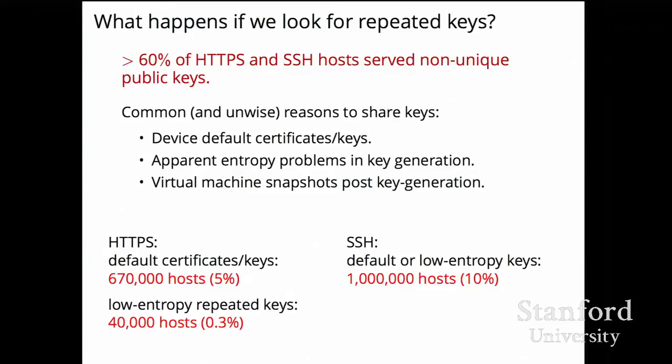For low entropy, I'm sure it's actually much higher, but 0.3% can be manually identified. This must be an entropy problem. It's not some kind of device default. And then for SSH, about 10% of hosts are sharing public keys because of either default or low entropy keys. Massive lower bounds. So how do you isolate the low entropy situation? How do you discern?